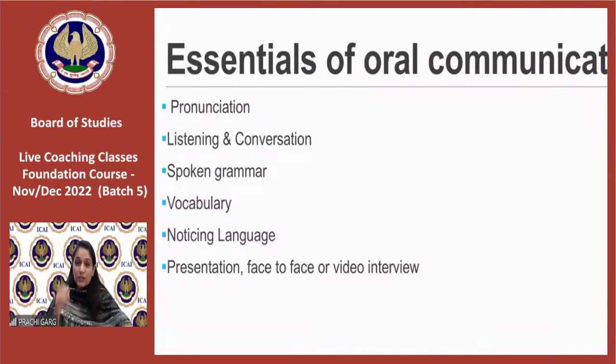Now, for the pronunciation part, what you can do, what I generally do, is when I read some word which I'm not sure of how it is pronounced, I always check it on Google. Right? So I was checking on Google how this word is pronounced in a certain way. And as soon as you hear, you get an idea, right?